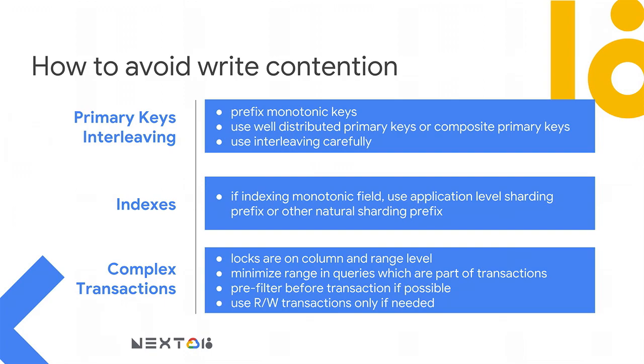Now for complex transactions. One of the things is Spanner basically locks on cell level. So if you have columns and rows, the lock level for Spanner is on a cell level. But if you do, for instance, a read-write transaction where you select on a non-key column, then your entire table for that column is locked.